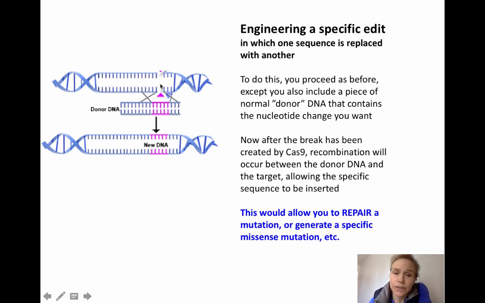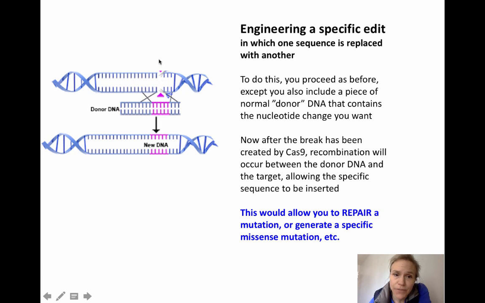So if you introduce all these things at the same time, the donor DNA, that's the wild-type DNA, the guide RNA that targets this strand of DNA, and the Cas9 protein, then what occurs at a relatively low frequency is that the donor DNA can be exchanged with the original piece of DNA.